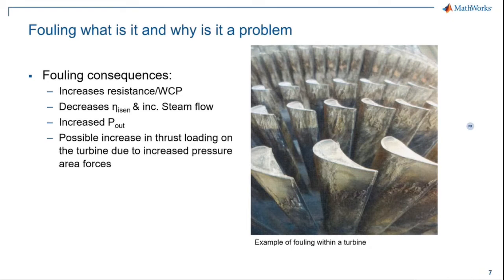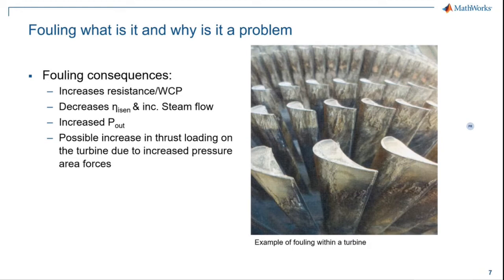What fouling does inside the machine is it increases the resistance, which will directly affect the wheel chamber pressure. It also modifies the blade profiles, which will decrease the isentropic efficiency, and a decrease in isentropic efficiency will result in slightly increased steam flow. I'll explain this a bit more in theory in a moment.